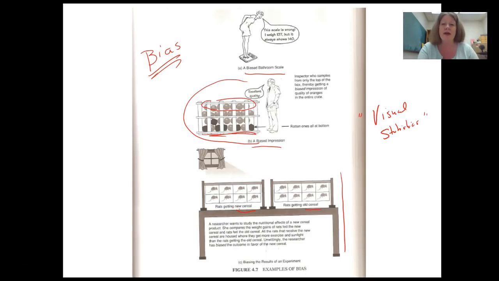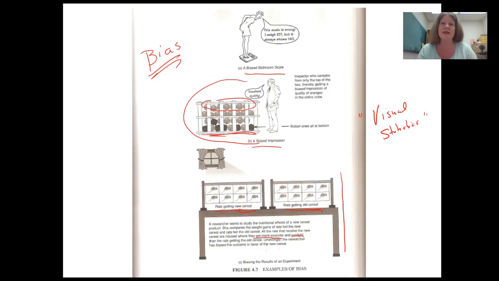And they talk about here the fact that ideally you'd want to randomly assign rats to get these cereals, but what if all the rats who are getting the new cereal happen to be housed in an area where they're getting more exercise and they're getting more sunlight than the rats who are getting the old cereal. So there's not random assignment.